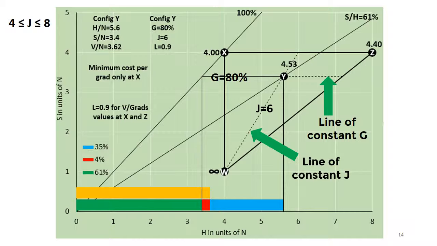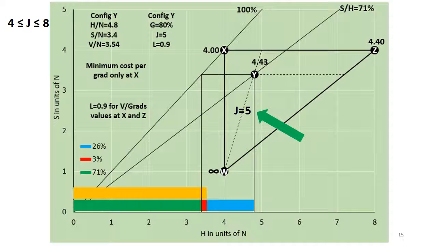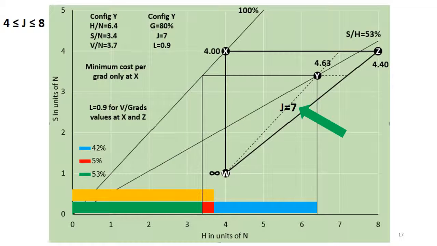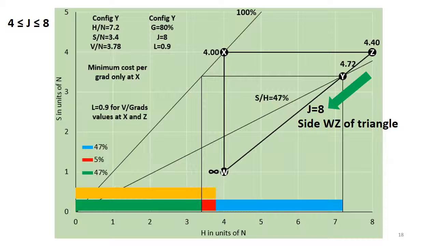Other values of J produce lines of constant J, as is the case with J equals 5 and J equals 4, which coincides with the side WX of the flow triangle, and J equals 7 and J equals 8, which coincides with the side WZ of the flow triangle. The lines of minimum and maximum values of J therefore form two of the sides of the flow triangle.